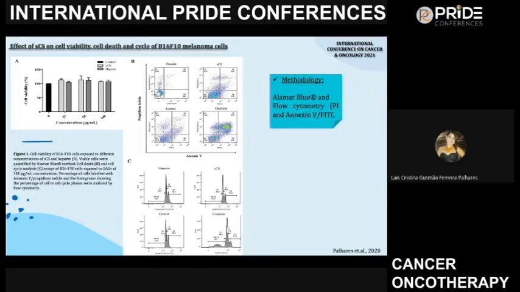As you can see, we performed cell viability assays by Alamar Blue, with all the concentrations tested of the compound, and also heparin, which throughout the study we use as a control. We can see that it didn't affect the viability of the cells at all. We also performed flow cytometry, and we can see clearly that neither heparin nor the SCS promote any kind of apoptosis or induce cell death, really.